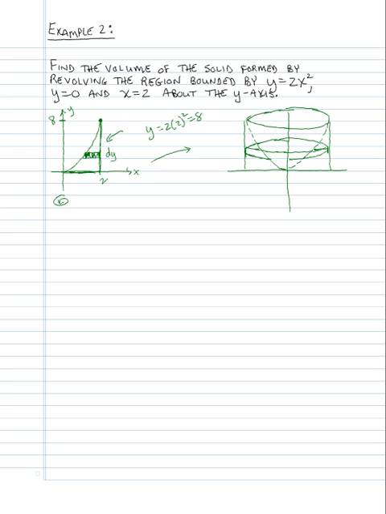But this strip doesn't go all the way in, so what we've got is a place here in the middle that's cut out. That's kind of hard to see. Okay, so it's going to create a washer.